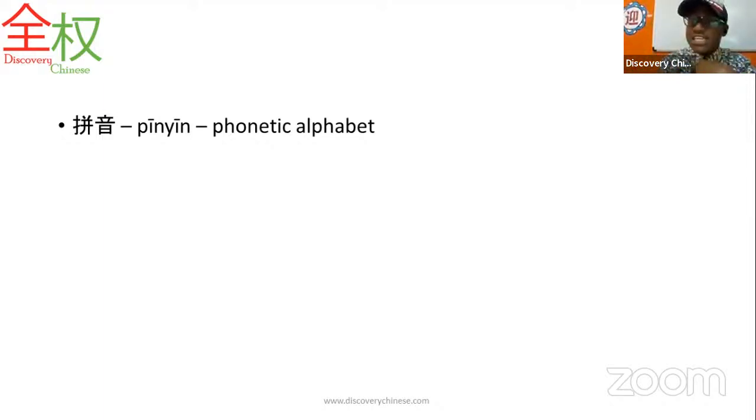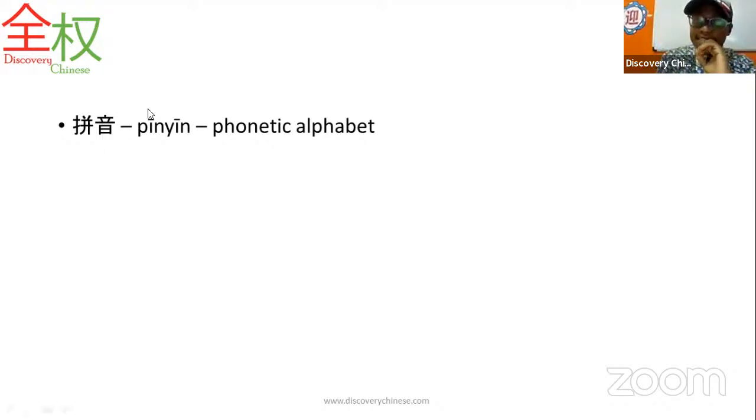Since we do not know the Chinese characters yet, you start by learning using pinyin, the phonetic alphabet, since this is what we are already familiar with.